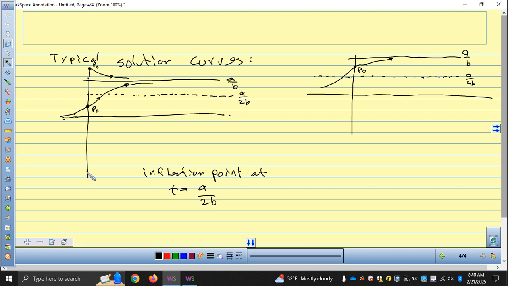So, some variations on the logistic equation. You could include a constant term that we add or subtract. That would reflect immigration or emigration: population coming in at some particular rate or leaving at some particular rate.